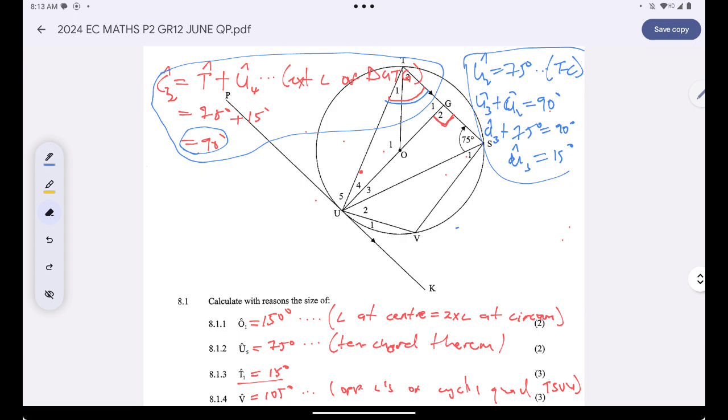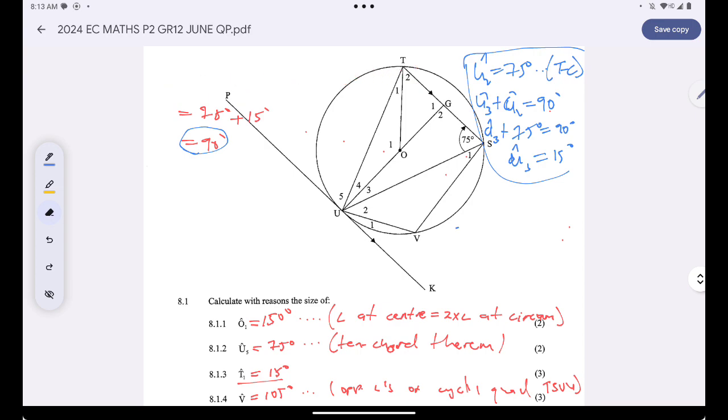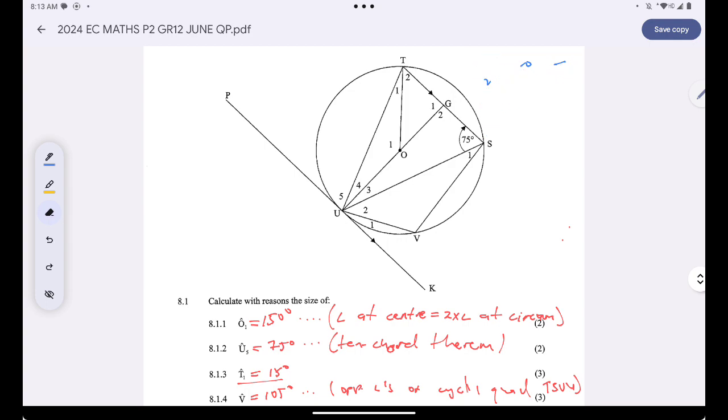Then the last question, they're telling us the length. Remember that, guys, I said to you, whenever you read the word center in Euclidean geometry, the first thing that should come into your mind is two theorems.